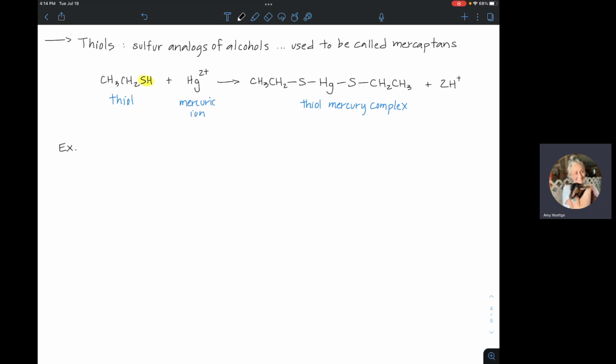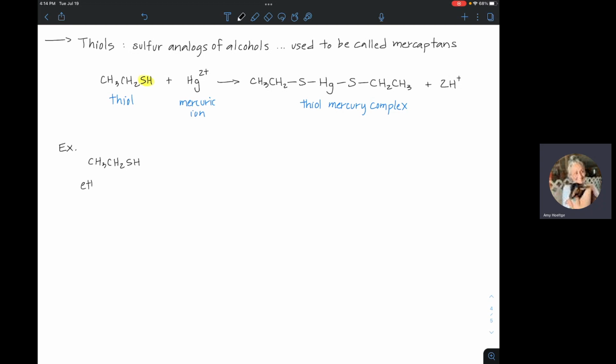So easier to see examples. Let's just start out with the thiol we just used. What you're going to do is add the suffix thiol to the name of the parent hydrocarbon. The parent hydrocarbon here would have been ethane.